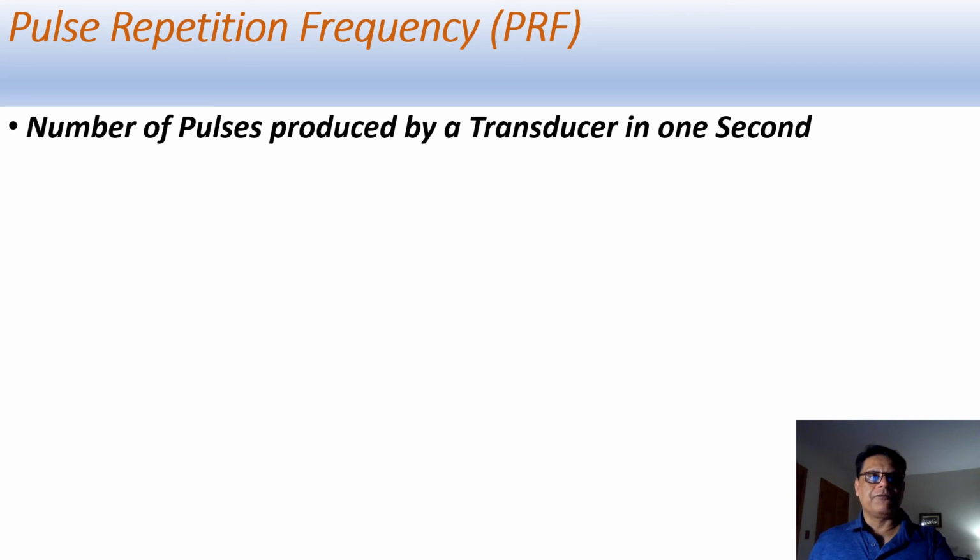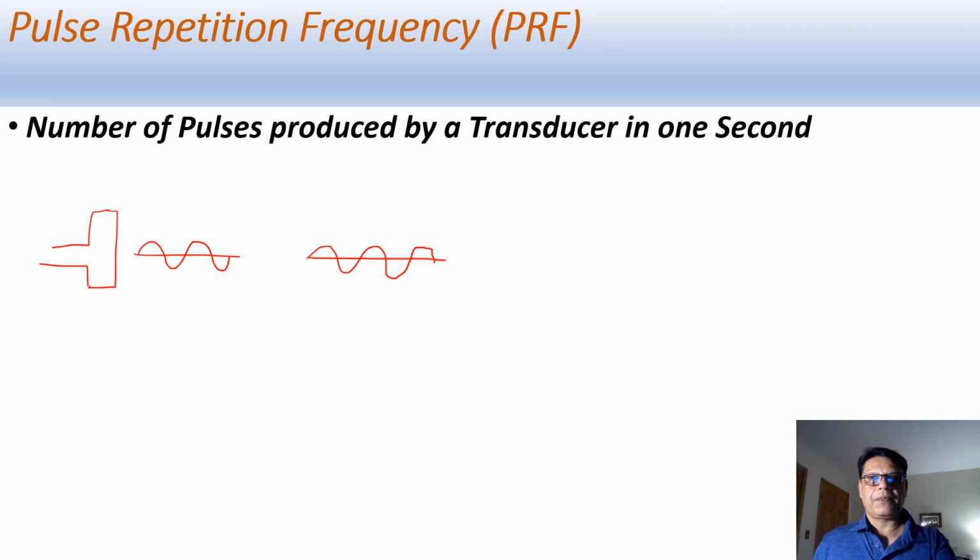Pulse repetition frequency is the number of pulses produced by a transducer in 1 second. Suppose here is a transducer. In 1 second, it produces three pulses. So its pulse repetition frequency will be 3 Hertz.